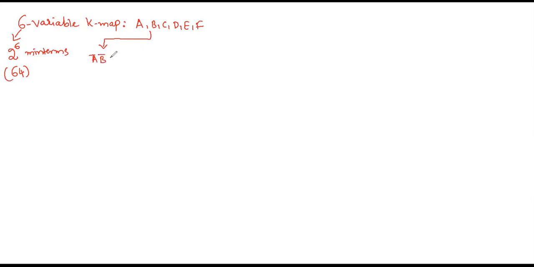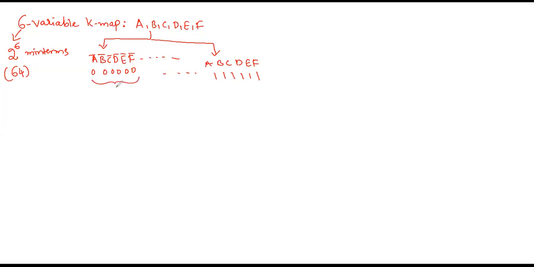like A bar, B bar, up to F bar, and A, B, C, up to F. So 0, 0, 0, 0, 0, 0 is the M0 minterm.